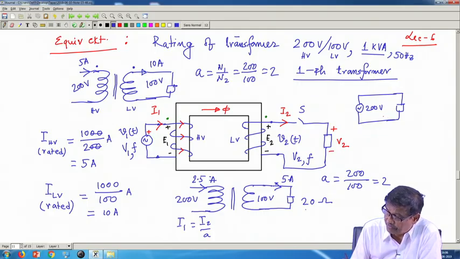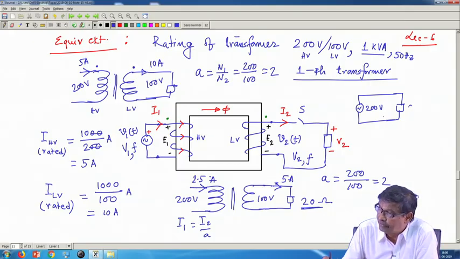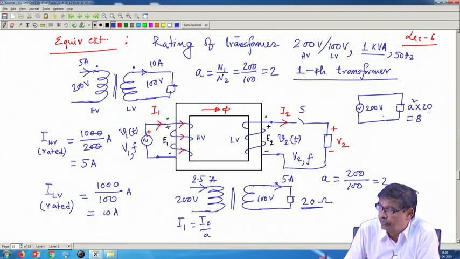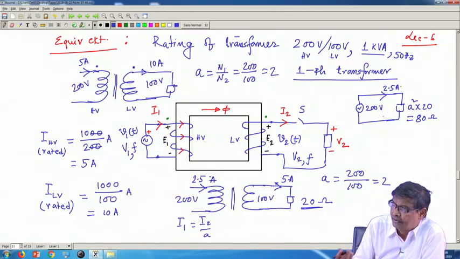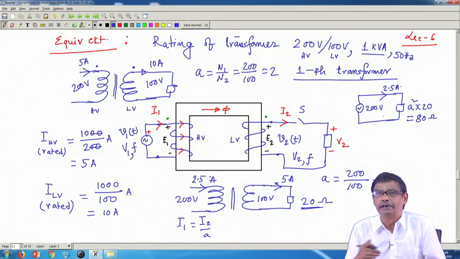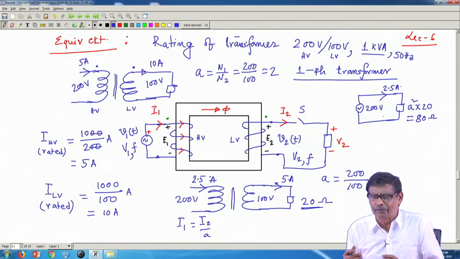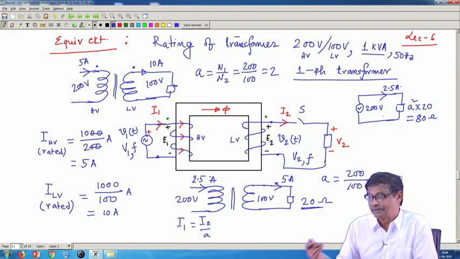For this, if you have connected 20 ohm, I will say you have connected an impedance of a squared into 20, that is equal to 80 ohm. a is 2, 80 ohm, and 200 by 80, so this current is 2.5. I will draw the equivalent circuit. Sometimes people say transformer means it changes the value of the impedance.